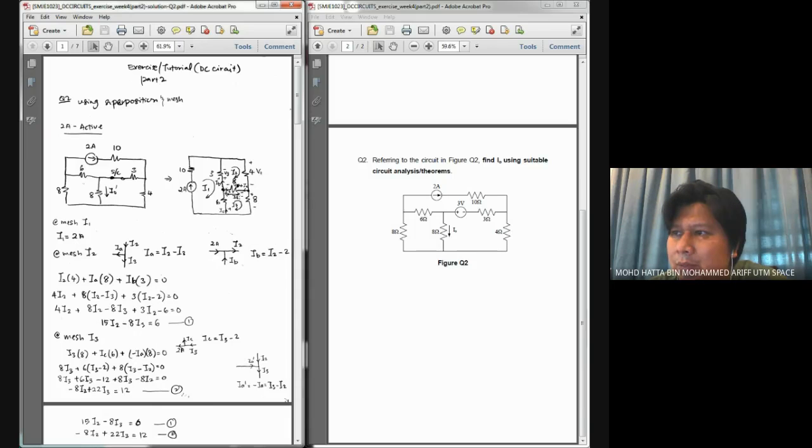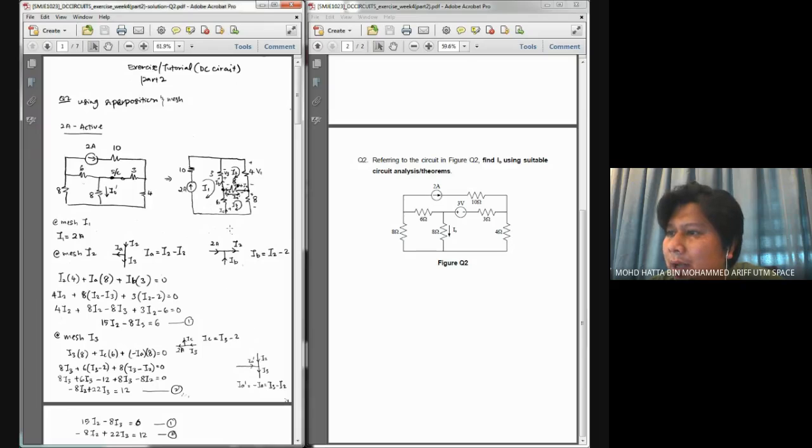So that completes my voltage drops, and I can write down my Kirchhoff voltage law equation. Here I have I3 times 8, the voltage drop across the 8 ohm resistor at the far right. And I have IC times 6. Why IC? Because this is not I3, it is a combination of 2 currents, I3 and also I1.